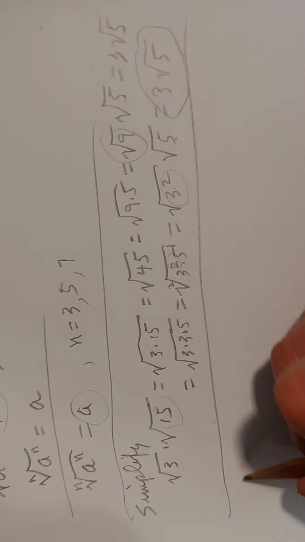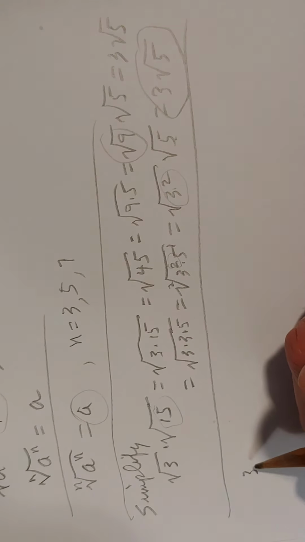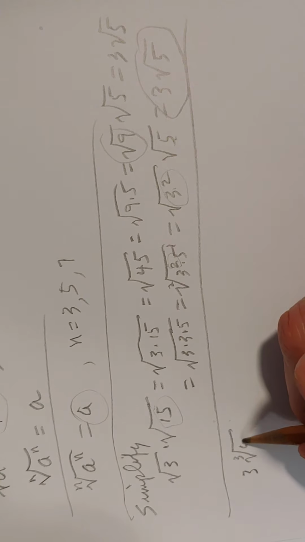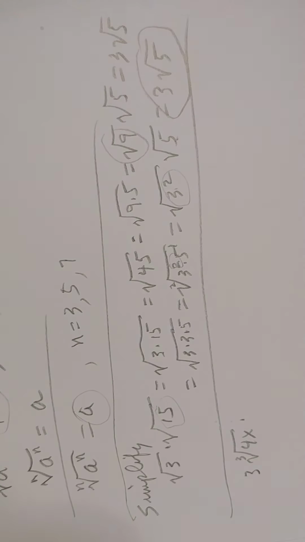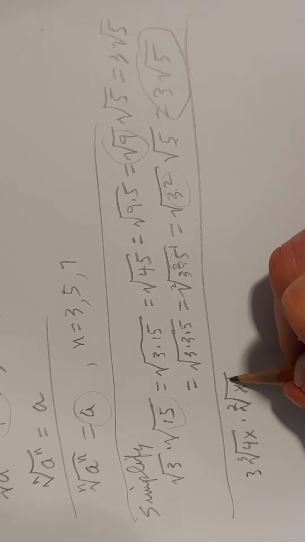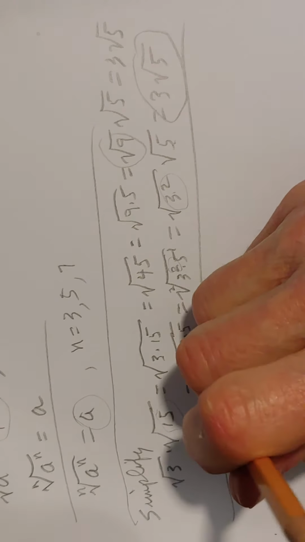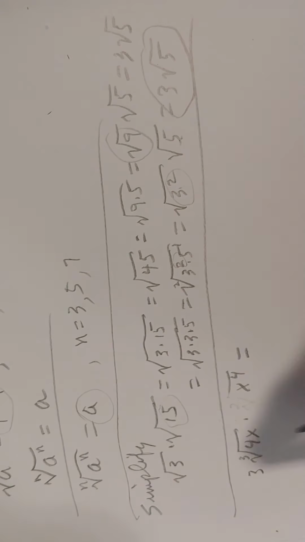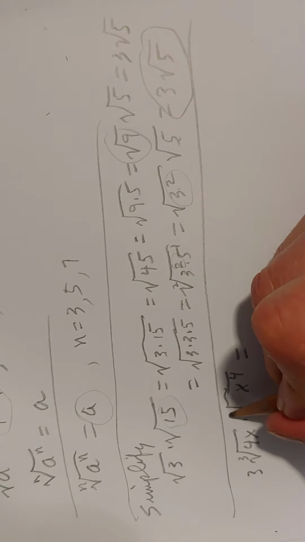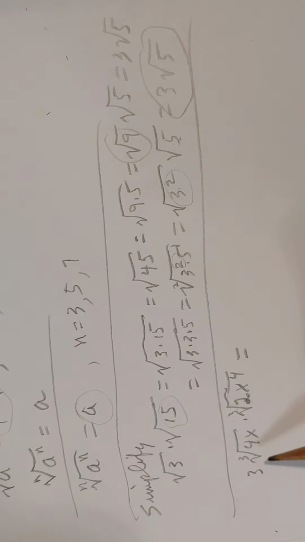Here's another example. I'm stealing it from the book again on the same page. We have 3 times the cube root of 4x times the cube root of 2x to the 4th. Oops. Cube root of 2x to the 4th. I don't know what I'm doing here. Okay, cube root of 2x to the 4th. Notice they're both cube roots.